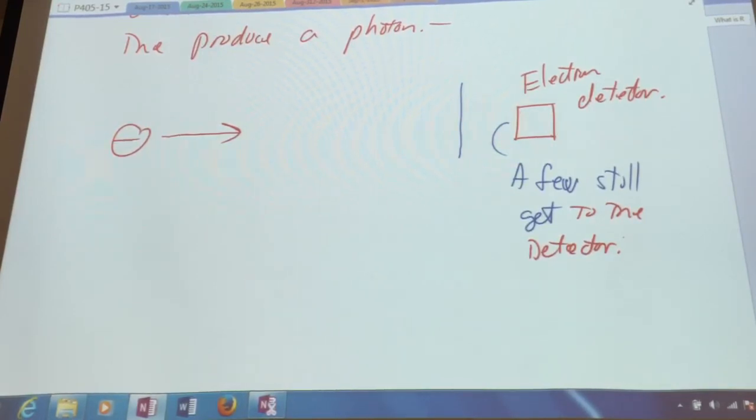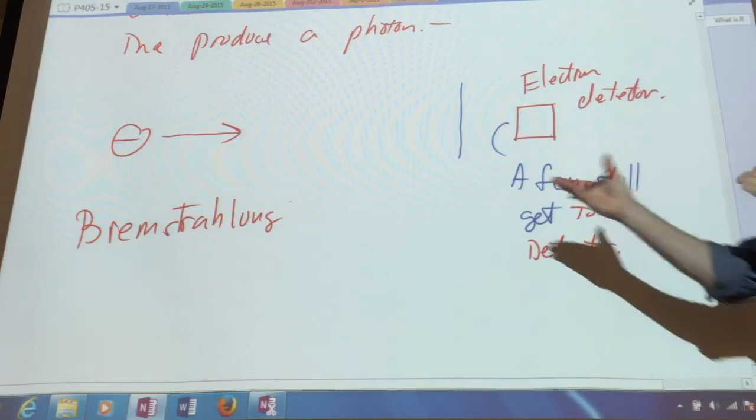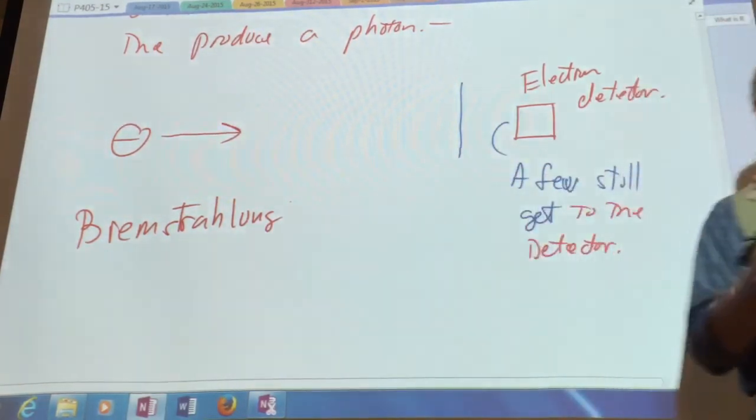Spending a little bit of time on that because the word for this, and it's in German, any German speakers in here? Before I've used this word. Bremsstrahlung? Bremsstrahlung means braking or stopping.